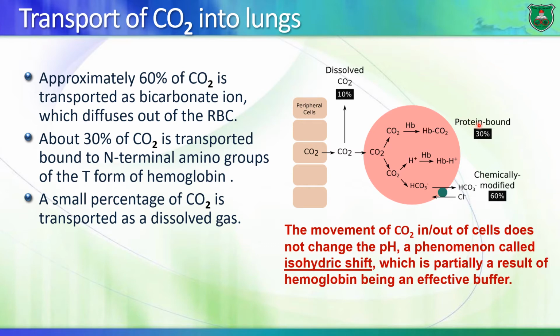Remember, we talked about the bicarbonate ion, and we said that it's the predominant buffering system in blood, but hemoglobin also plays a very important role whereby it can bind to protons. It can absorb protons. So hemoglobin plays a very important role in maintaining blood pH, a phenomenon known as the isohydric shift.